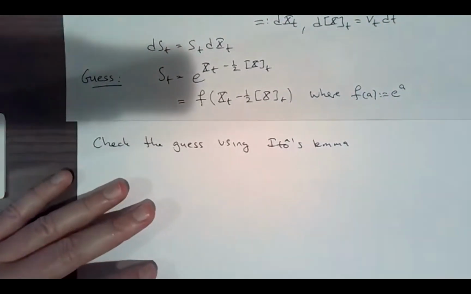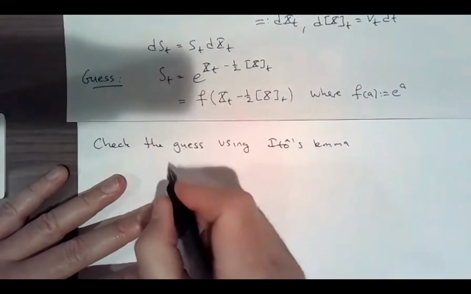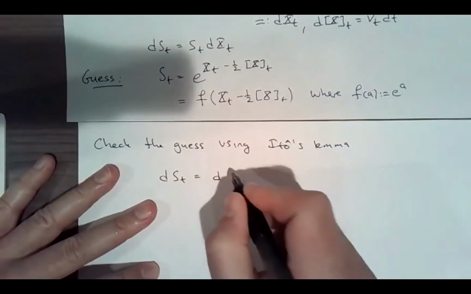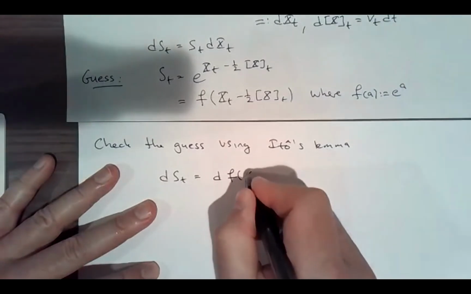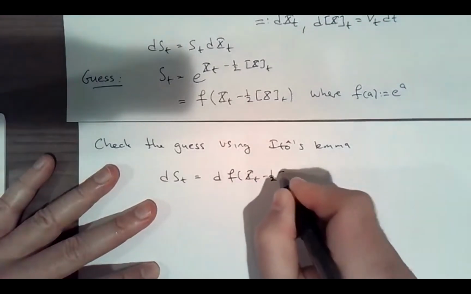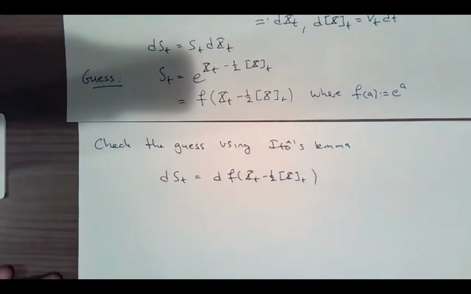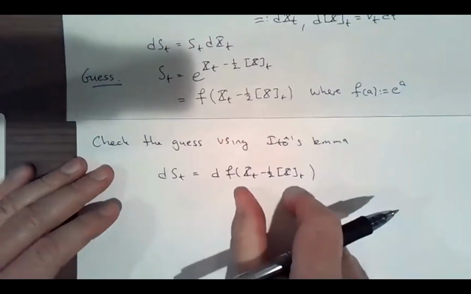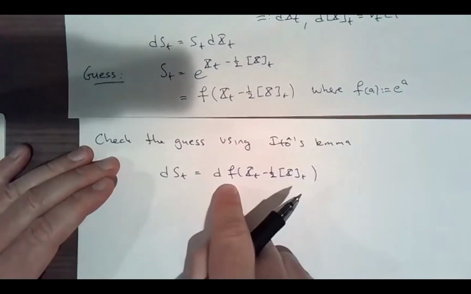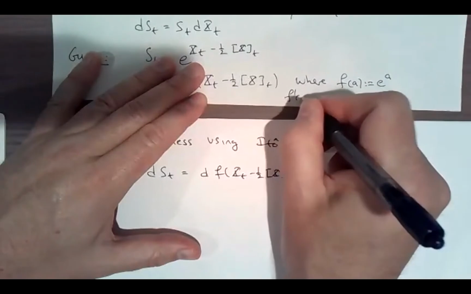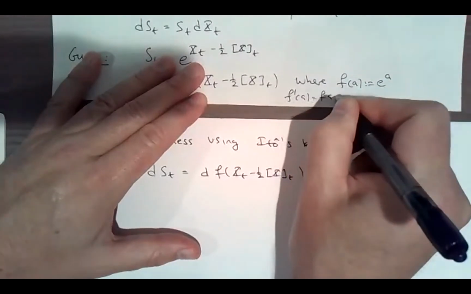So when we use Ito's lemma, we can compute dS simply by computing d of f of Xt minus 1/2 quadratic variation of Xt. Right, so this here is my process, and this is my function. The function is an exponential, so whenever I compute derivatives, I will always just get the function back.